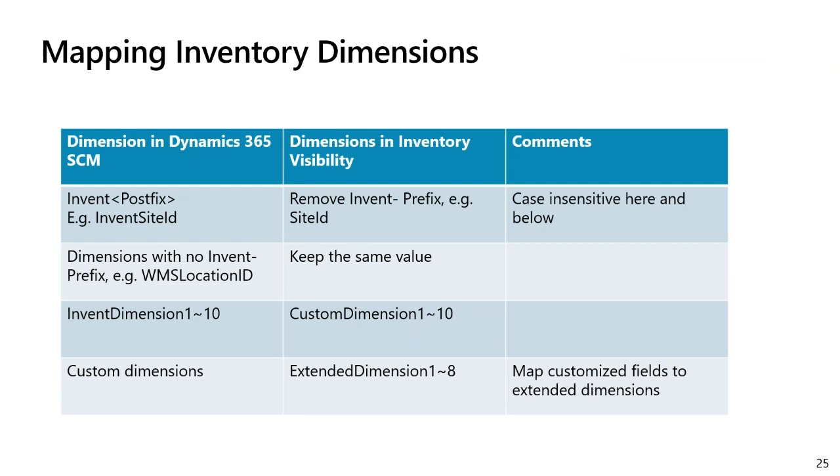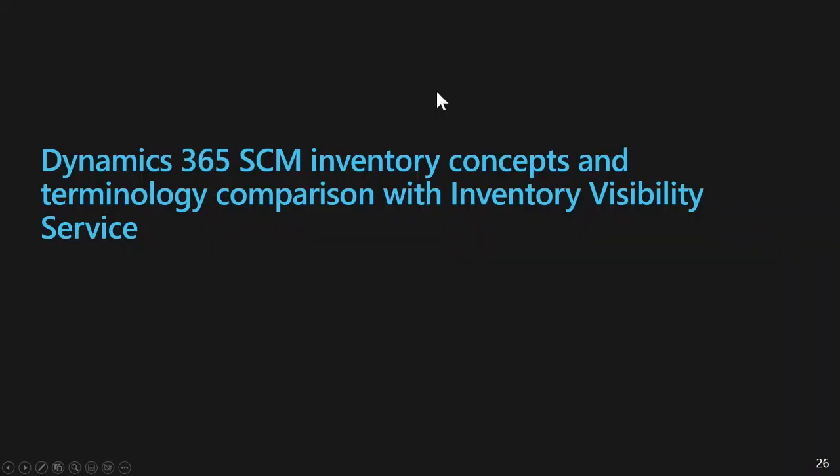And these dimension fields are reserved for customization purposes from Dynamics 365 as well as external systems. So here above are two examples of how we do customizations on top of Dynamics 365 to transfer the customized logic data.